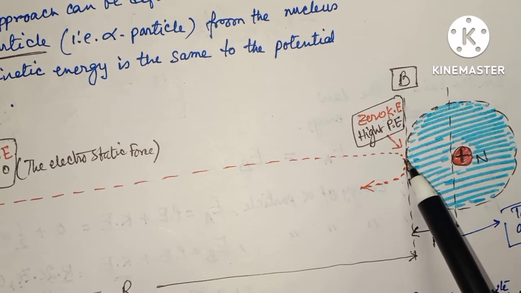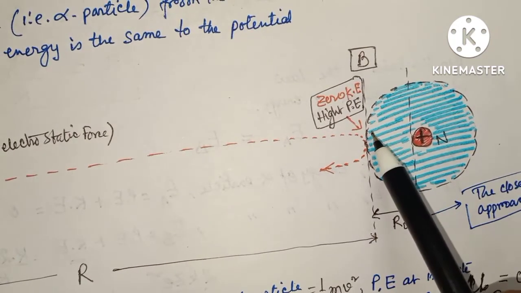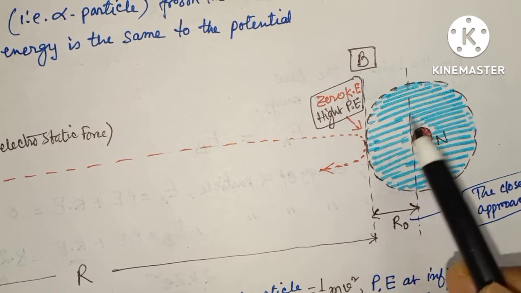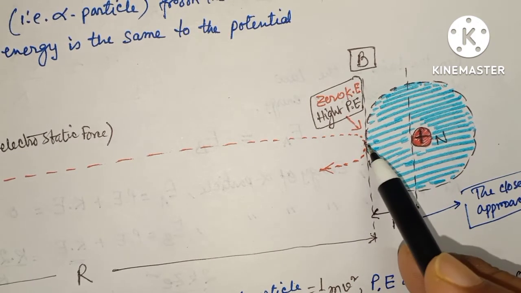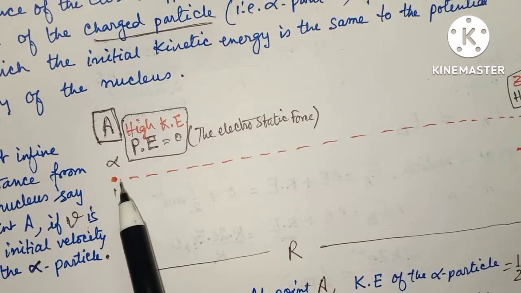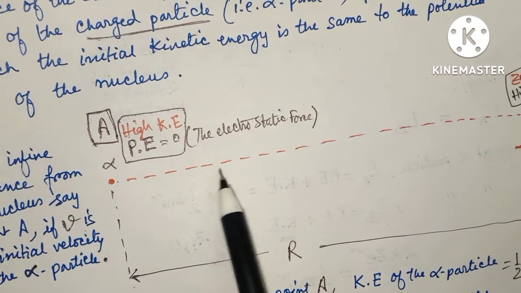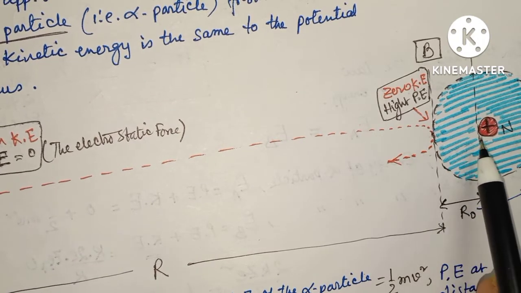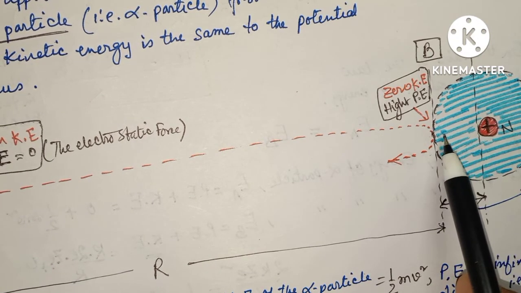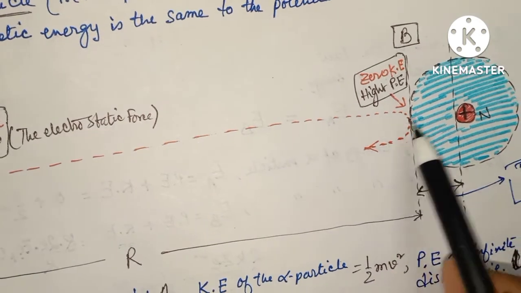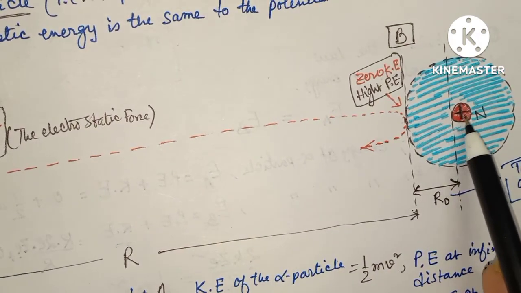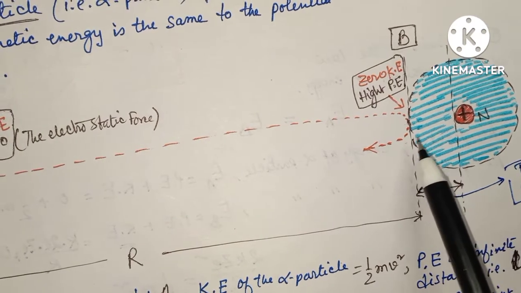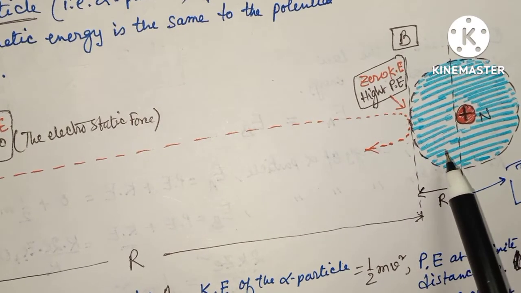At point B, the kinetic energy would be 0. Why? Because as the alpha particle approaches towards the nucleus, it is under the repulsion force emerging from the nucleus, because the alpha particle and nucleus both have positive charge.